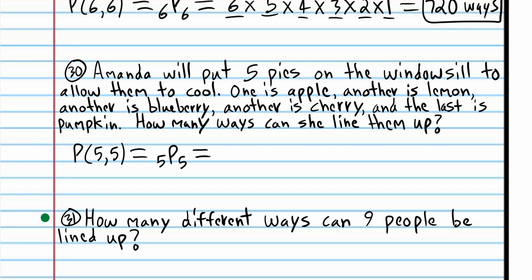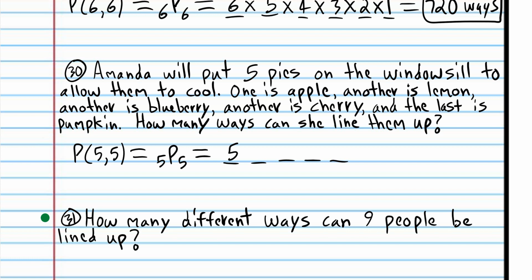How many pies can she choose from for the first place on the windowsill? So think of this as places on the windowsill. She has 5 different options for the first place.